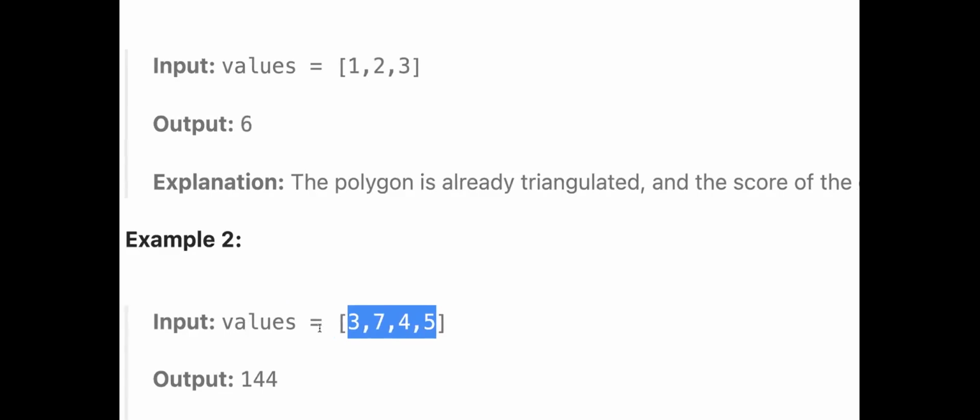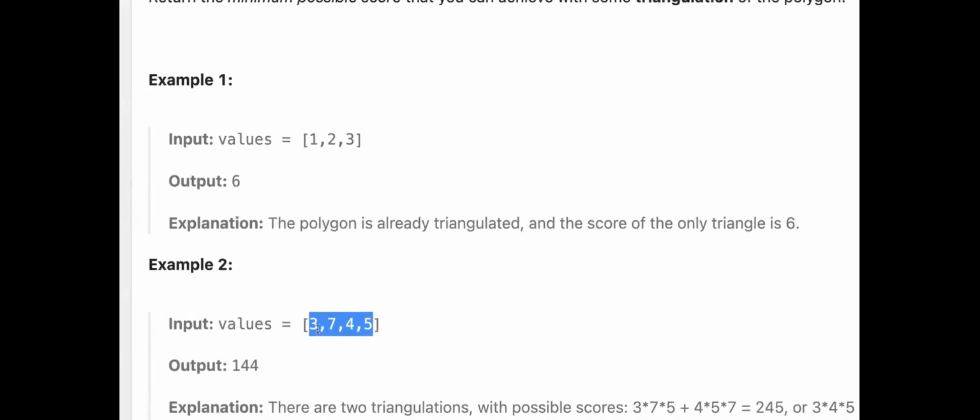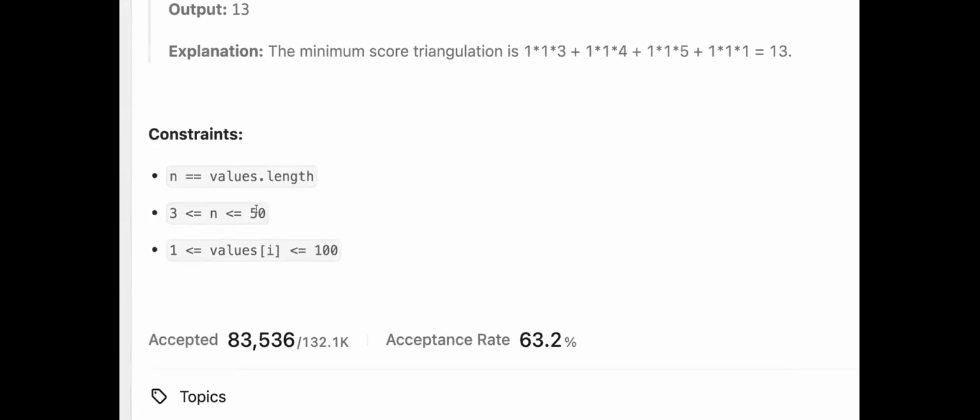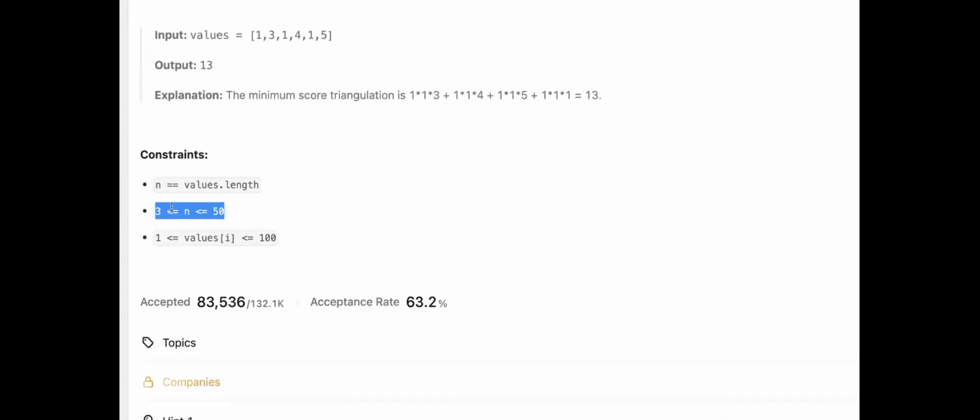That was my idea at the start, but then I saw that yeah, it's 50. If n was, let's say, 10, then 10 factorial would be sufficient.